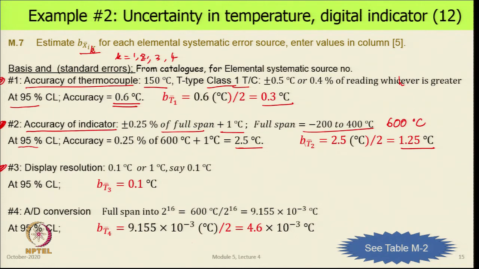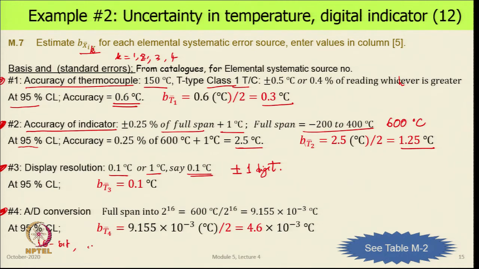Our third source of systematic uncertainty was display resolution, which was 0.1 degrees Celsius or 1 degree Celsius. Let us say we will configure it for 0.1 degrees Celsius, and in this case we say that the uncertainty will always be plus minus 1 digit. So, B_T3 is 0.1 degrees Celsius, which is a standard error due to display resolution. And for A to D conversion, we saw that it was 2 to the power 16, it was a 16-bit converter.